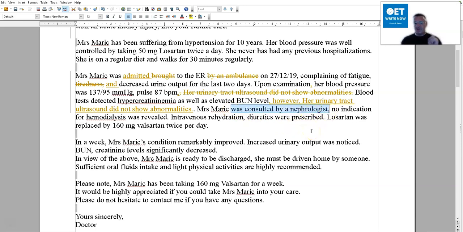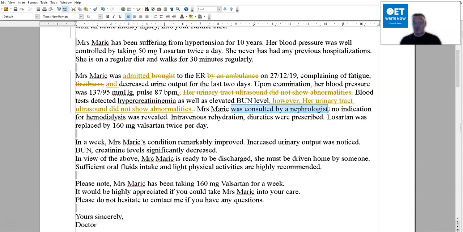Was consulted. That implies the nephrologist consulted her. Hello, Mrs. Patient, can I have a consultation? No, she consulted, but she didn't consult. Consult means when you go to somebody's office, or like a specialist. She was seen by, but again, you would expect that. So you don't really need this.